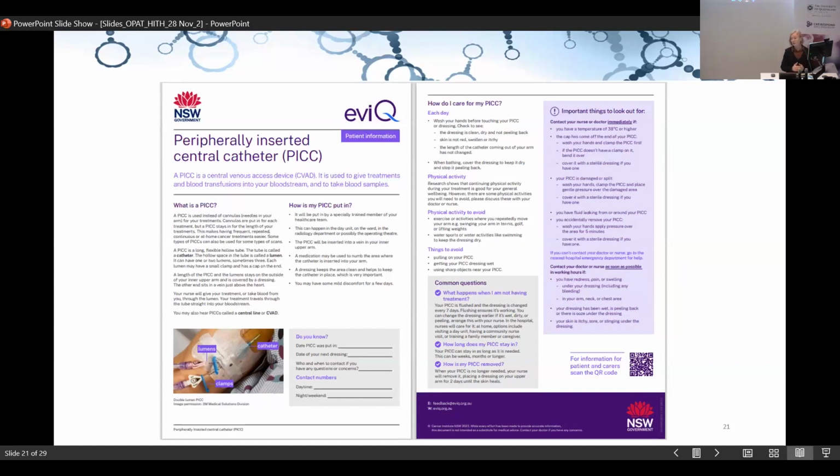If they can't read the literature, then at least they can visually see. It also tells them what's going to happen when their device is being put in, when the dressing needs to be changed next, how to care for it, what they can do in their activities of daily living, and what things they have to avoid, such as whether they can do their sport or whatever during that period of time.